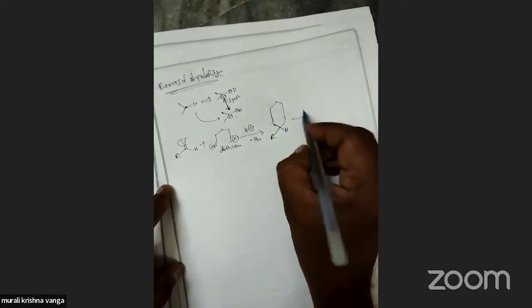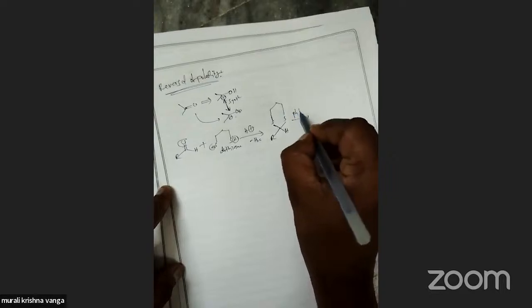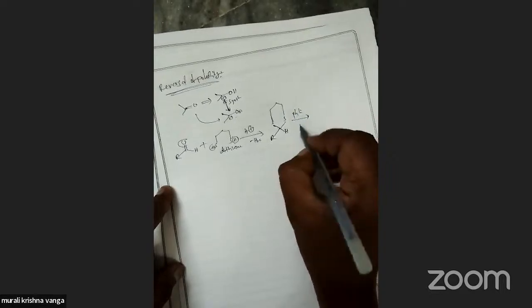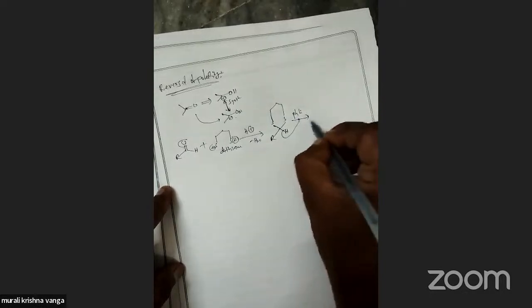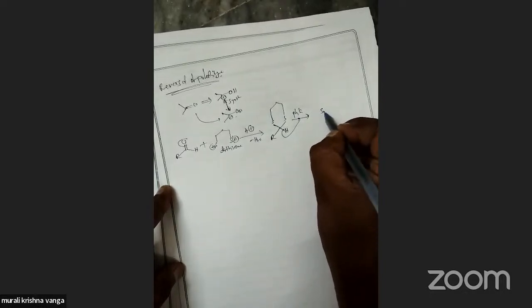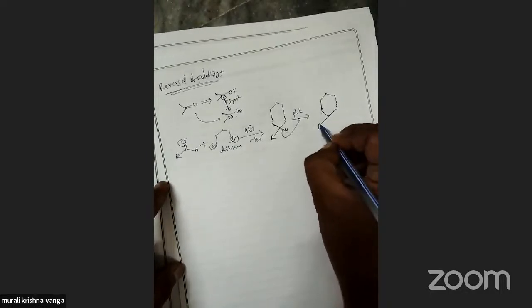When it reacts with a strong base like phenyl lithium or n-butyl lithium, the base abstracts the proton from here, and here a negative charge forms.